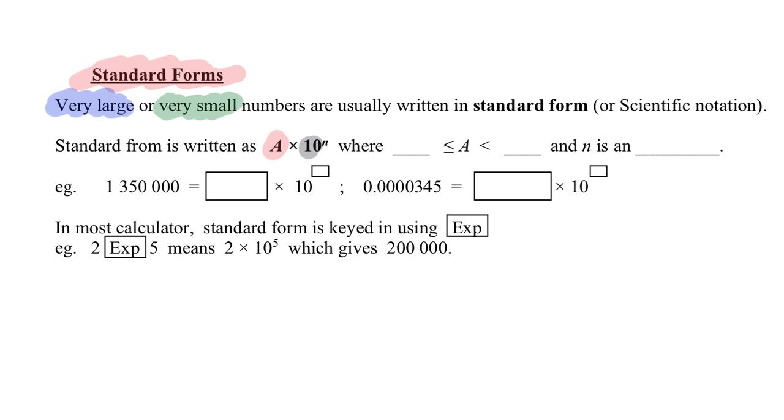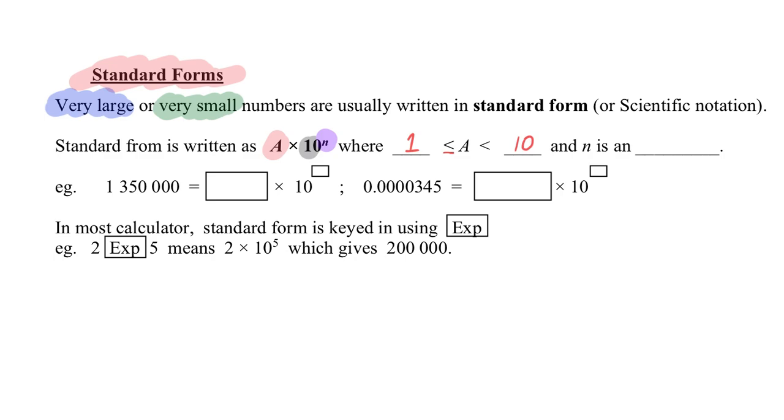And this number for a, very important, the number for a is usually between 1 and 10. It can be equal to 1, but it cannot be equal to 10, meaning it can be equal to 9.9999999999999.